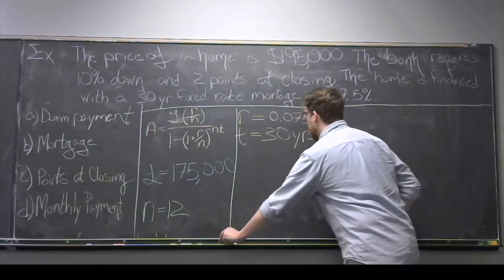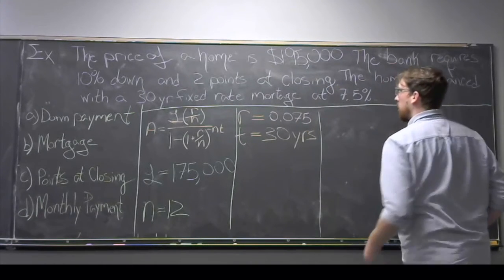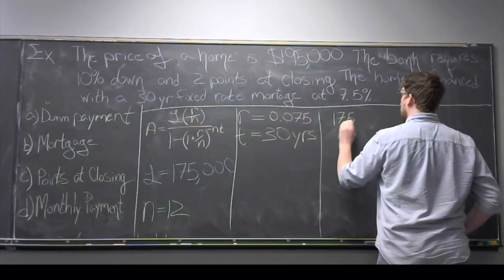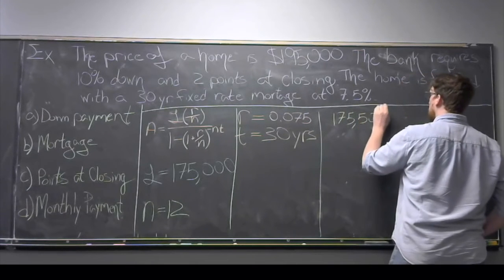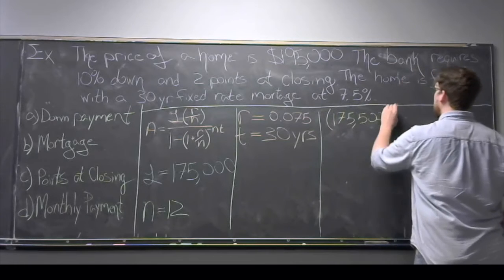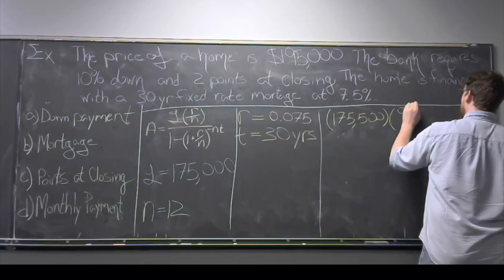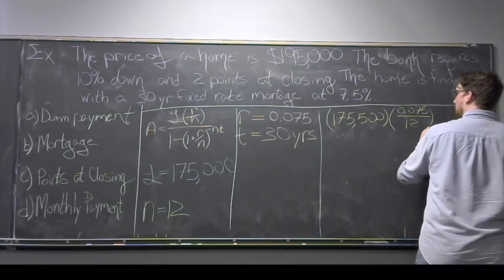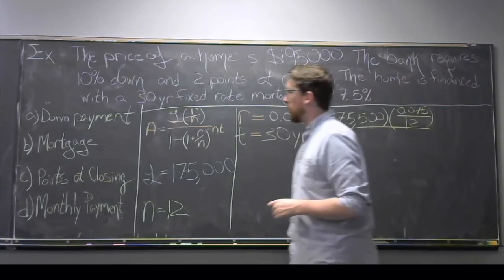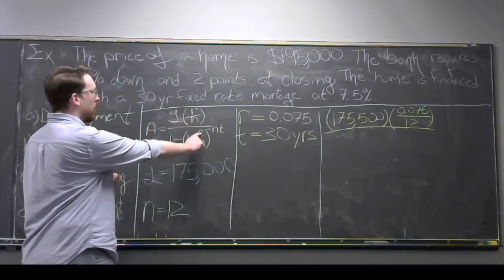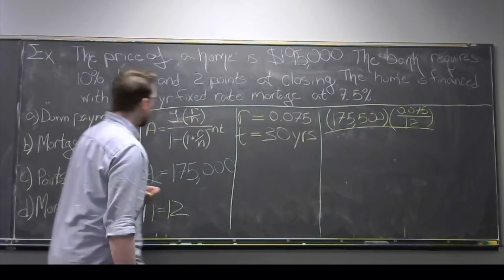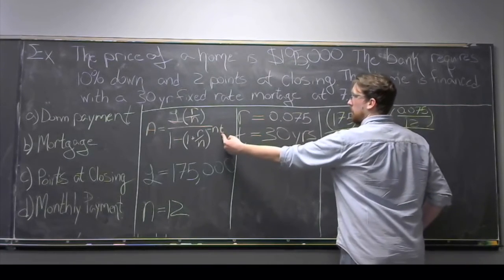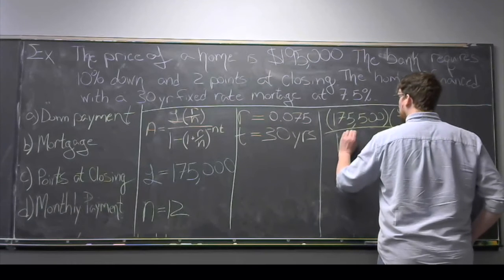When we do that, we have 175,500 times 0.075 divided by 12, all of that divided by 1 minus 1 plus 0.075 divided by 12, raised to the negative 12 times 30.